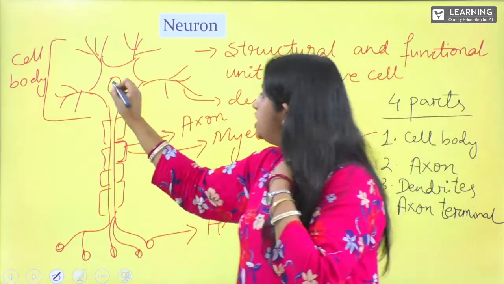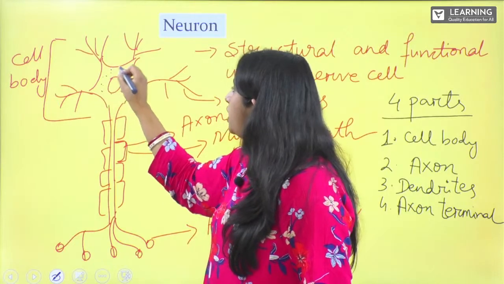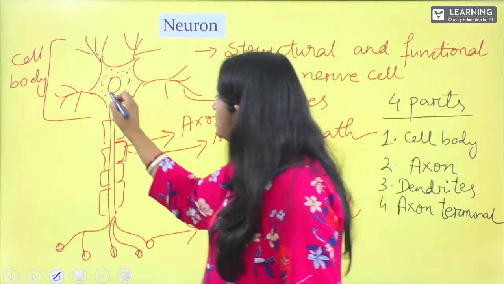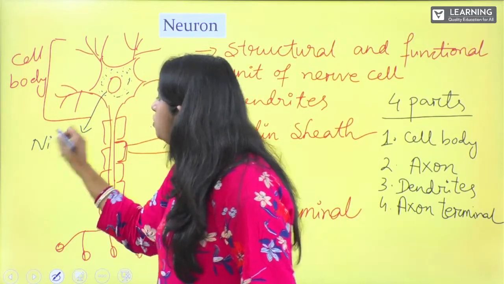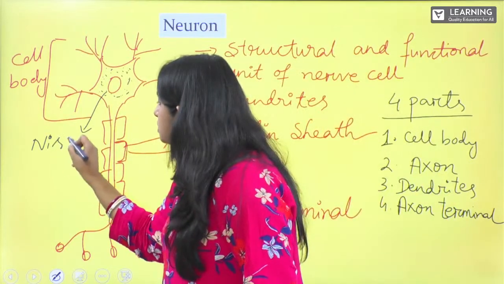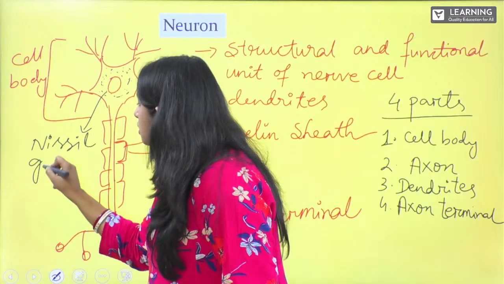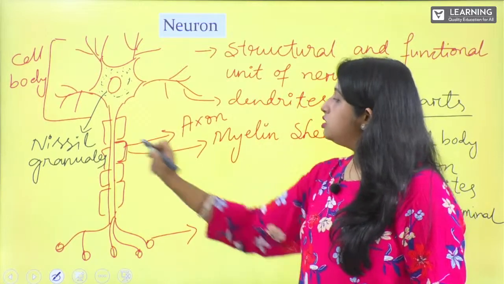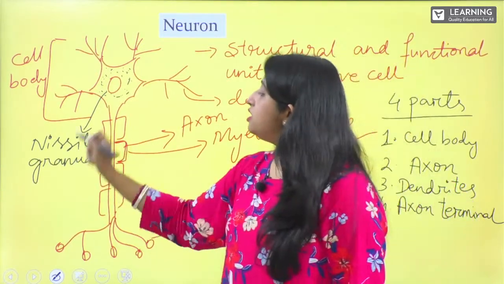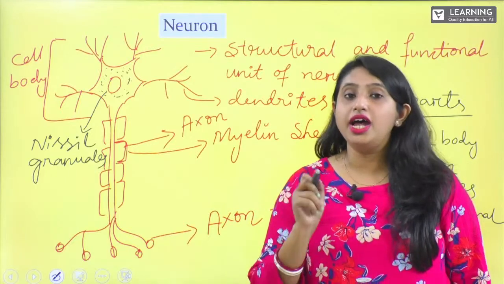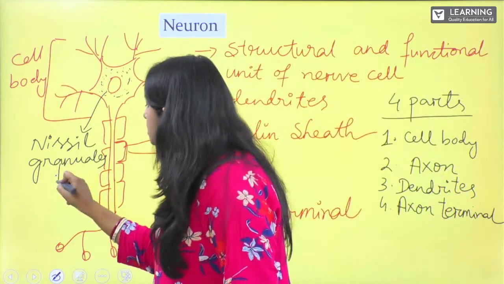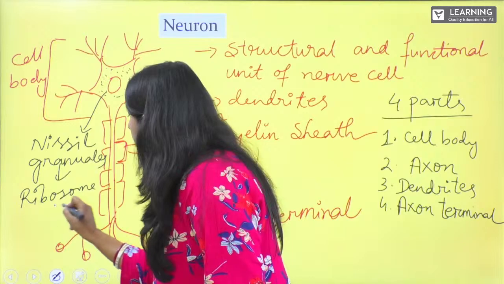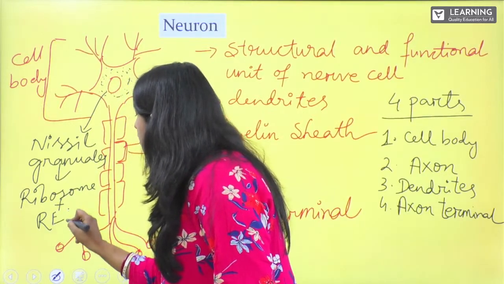Is that clear? So here in the neuron, you will find some granules. These granules are known as Nissl granules. Now these Nissl granules are composed of ribosomes and rough endoplasmic reticulum.